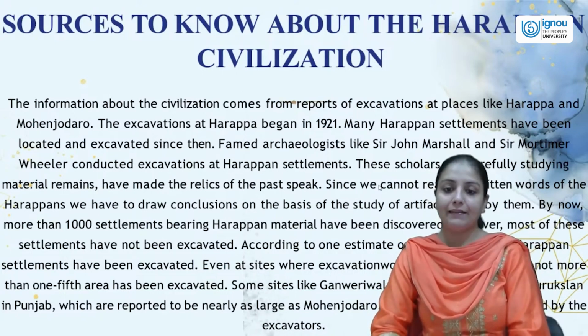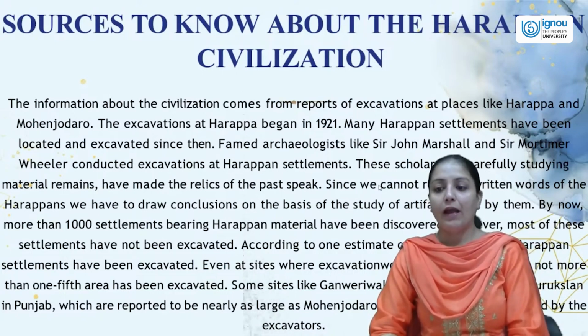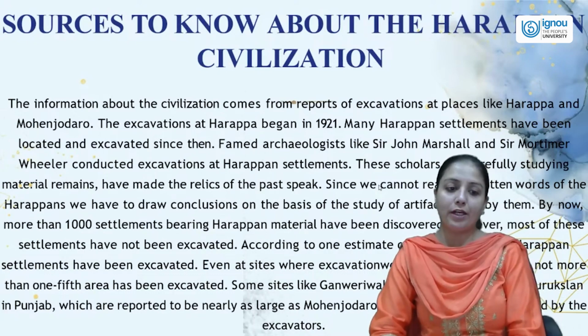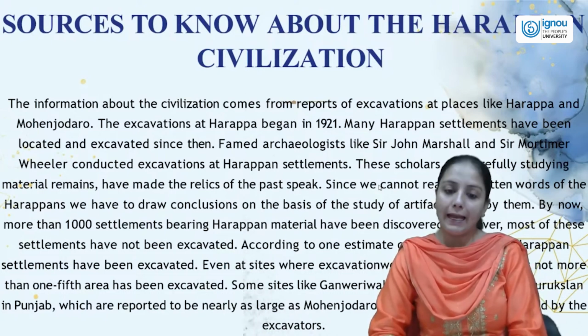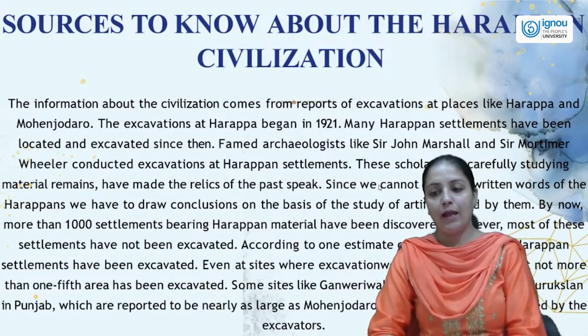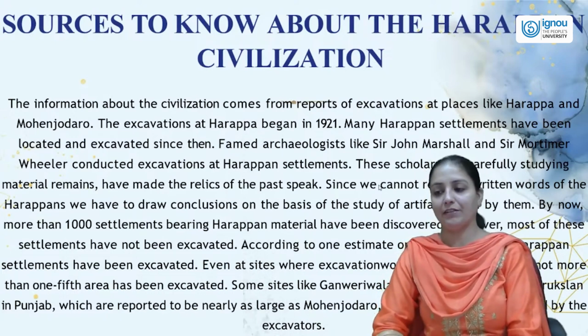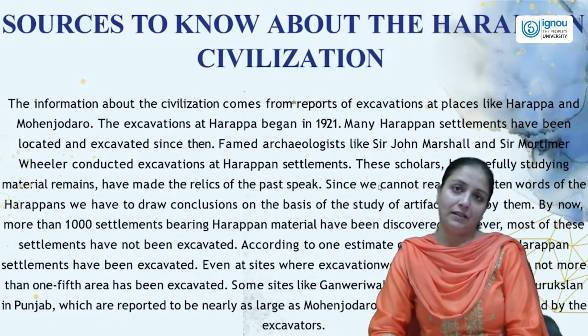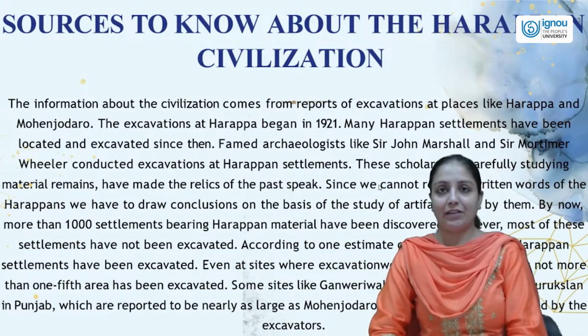Some sites like Ganeriwala in the Hakra Valley and Rakhigarhi in Punjab, which are reported to be nearly as large as Mohenjo-daro, have not even been touched by the excavators. Only 3% of the area is excavated till now.